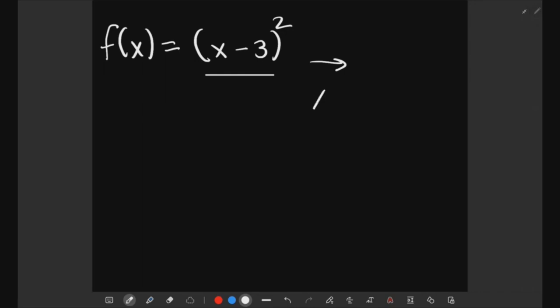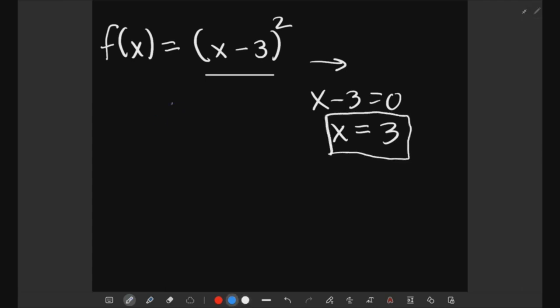This is because when you do x minus 3 equals 0, and you solve for x, you're gonna get x equals 3. So this is telling you it's gonna go to the right. That is why when you have this graph in your coordinate plane, instead of going to the left, it's gonna go over here to the right.